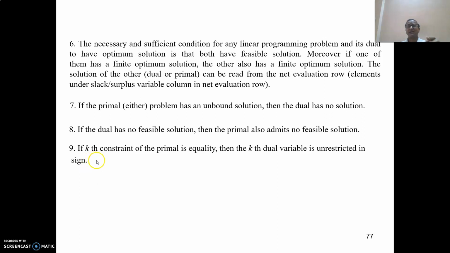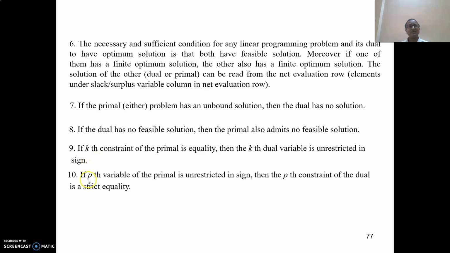I will explain with an example afterward. If the pth variable of the primal is unrestricted in sign, then the pth constraint of the dual is a strict equality. These points are to be considered while converting primal into dual or dual into primal.